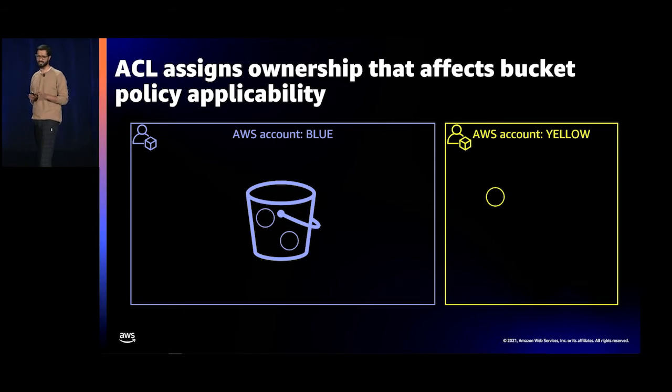And you want to enable sharing to another account using this bucket policy. You will notice that you are not the owner of the objects written by this external account, as we discussed. Objects written by this external account are owned by this external account. And now you, as the bucket owner, cannot further share these objects written by this external account via bucket policy because you don't own these objects.